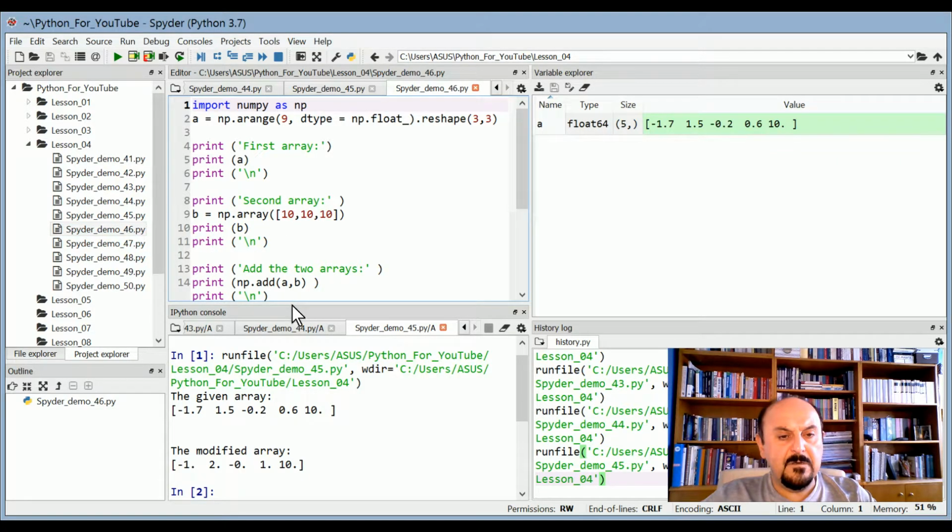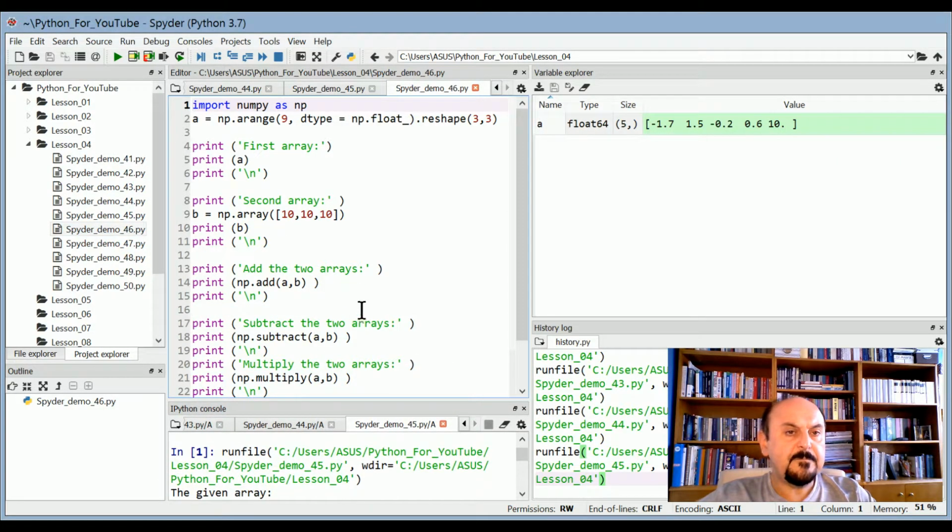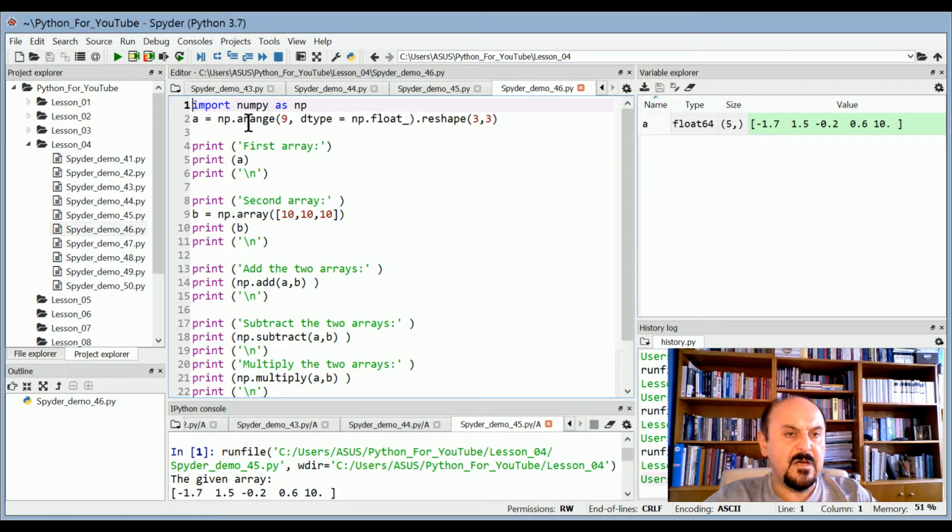In this example, I define a NumPy array here, so it's going to get 9 members. The dtype will be floating, and I would like to reshape it. So let's run and see step by step how it becomes this snippet.